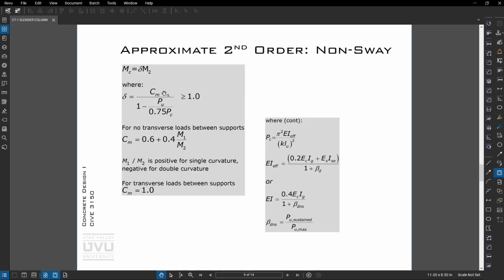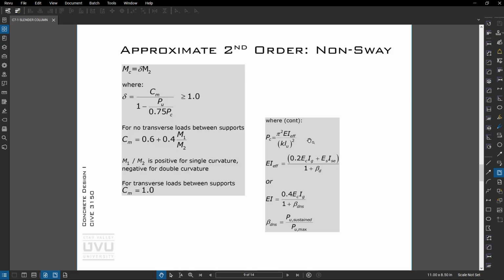So basically we have the Cm factor over this value's axial force over the buckling strength of the column. And Cm is defined here. You can read the code sections for more info on that.